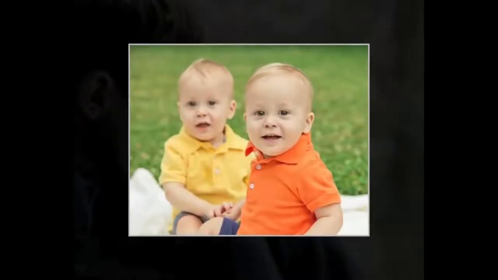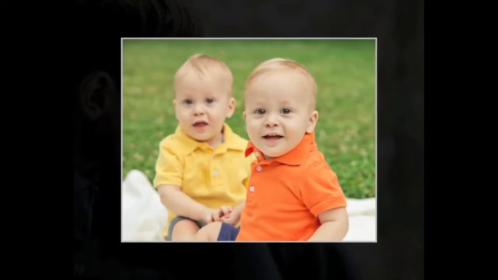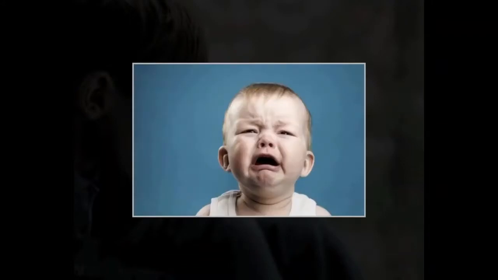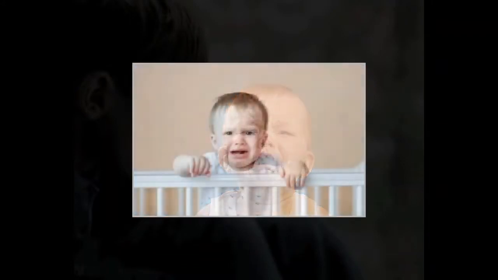As children grow older, they acquire a broad range of emotions. They become increasingly aware of their own and others' feelings. A good example of this is if one child cries, the other child also cries. It is called emotional contagion. That is the tendency of infants to cry spontaneously when they hear another infant crying.